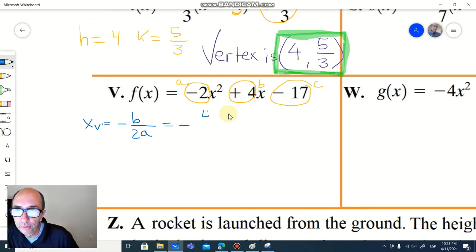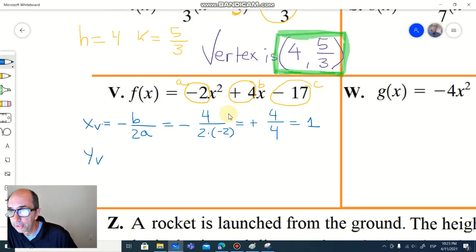Negative 4 over 2 times negative 2. And this is negative, positive, 4 over 4. And then we have x of the vertex equals 1. To find y of the vertex, we just plug in the 1 we just found into the function f of x equals.